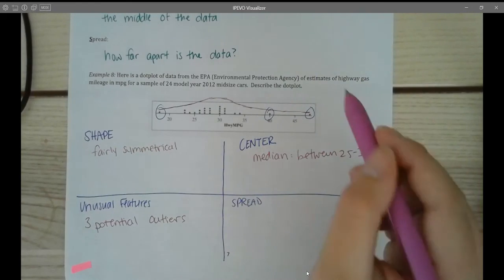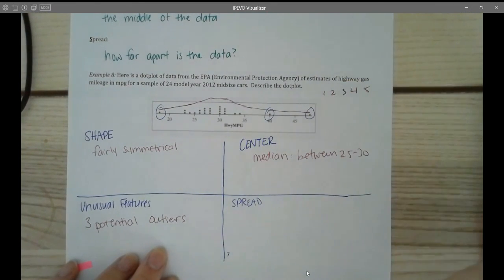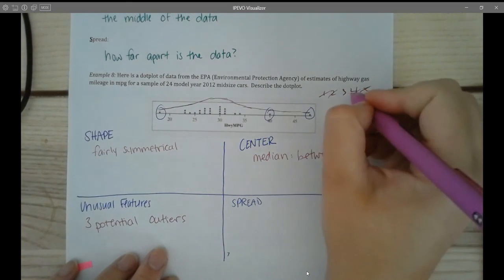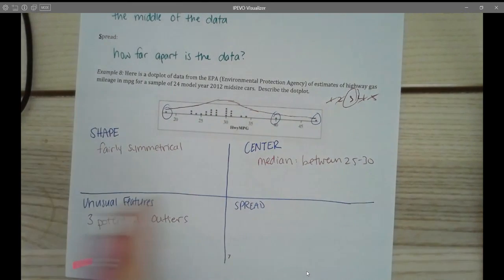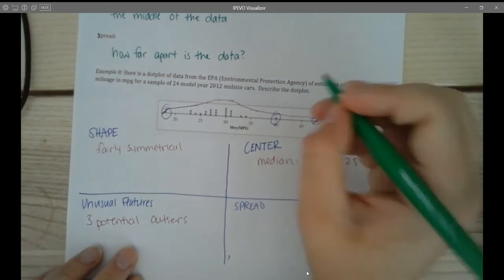If you remember how to find a median, you would list the numbers. For example, 1, 2, 3, 4, 5. You'd cross off the highest and the lowest until you found the true center, which would be 3 in this example that I just gave. Now we can do that in our example here. You could cross off points and find the median.